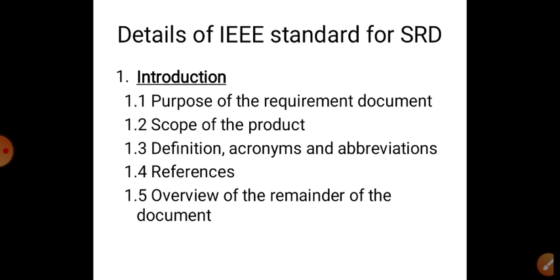So the various references that you have referred should also be clearly mentioned, so that anyone who wants to know details can refer to the various sources. 5th, overview of the remainder of the document. So this part tells about what is going to follow in the next parts of the system.